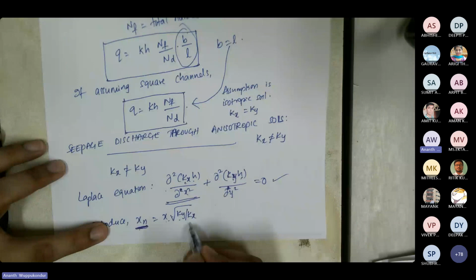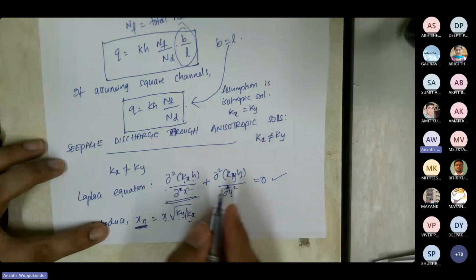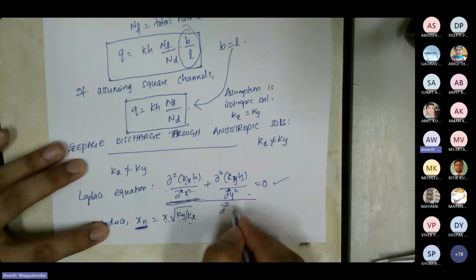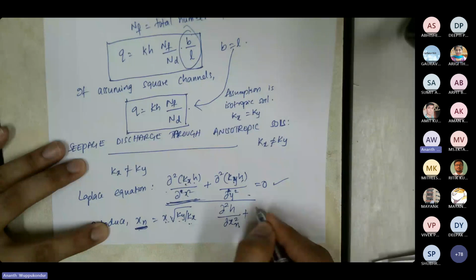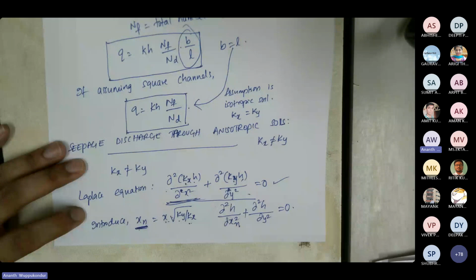I'm multiplying x with this factor so that I can convert the Laplace equation from this form to something like dou square h by dou xn square plus dou square h by dou y square equals 0. This is what I'm trying to get to by utilizing this new term xn.